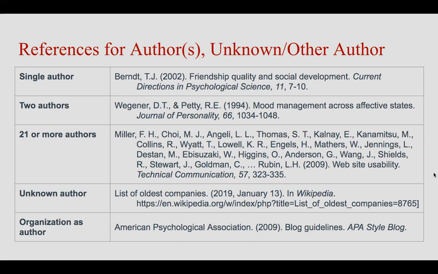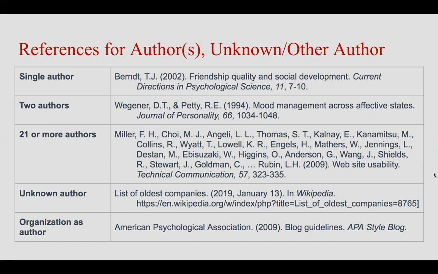This is different for the 7th edition of APA. In your in-text citation, if you have 3 or more authors for a source, you're just going to list the first author's last name and then et al. Here in your full citation in the references page for a source like that, you would list out every author up to 20.